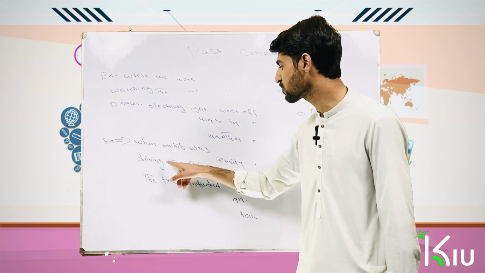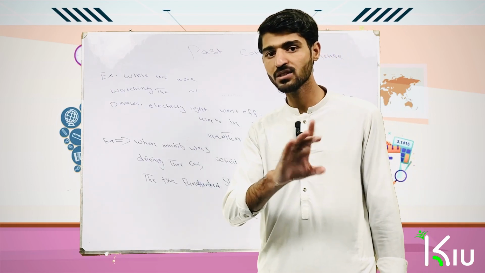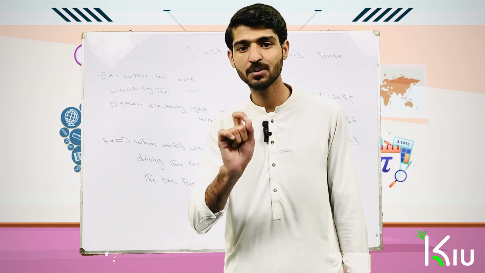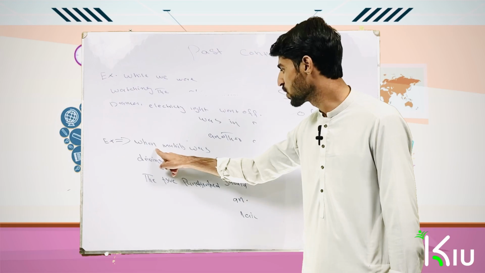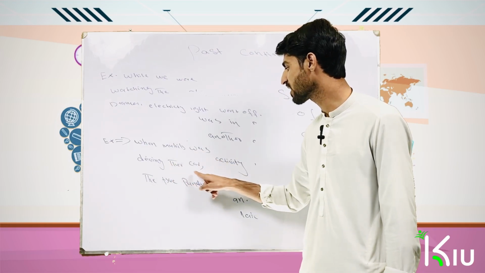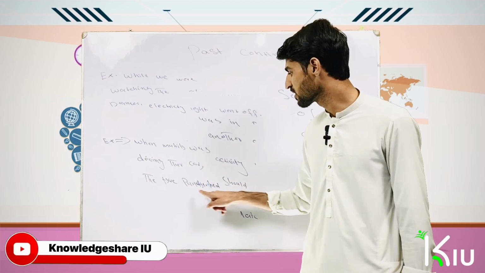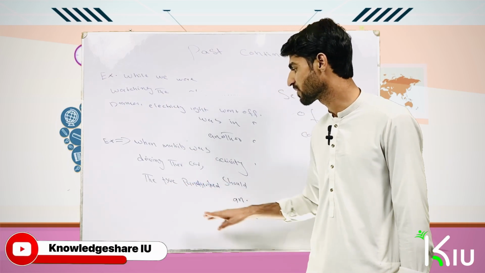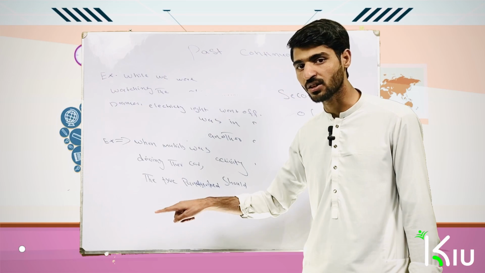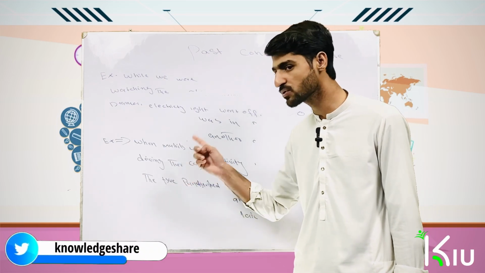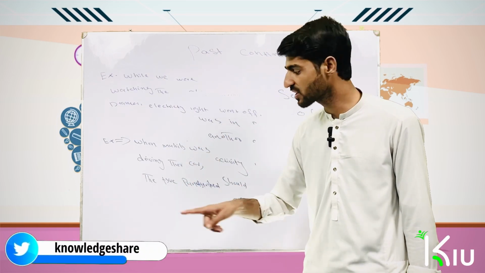So the first action will be in past continuous, and the second action will be in simple past tense. When Mohib was driving the car, it is in past continuous tense. The tire punctured. Now this is the second action which occurred later, so we will use the next action in simple past tense.